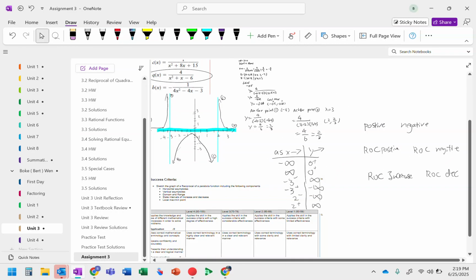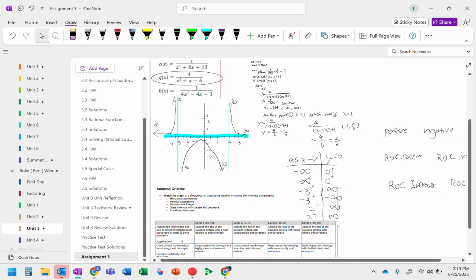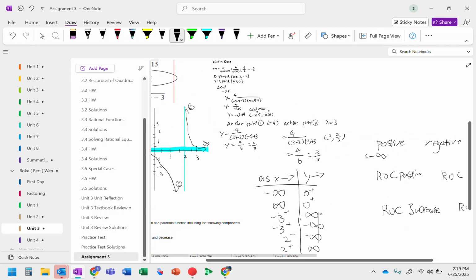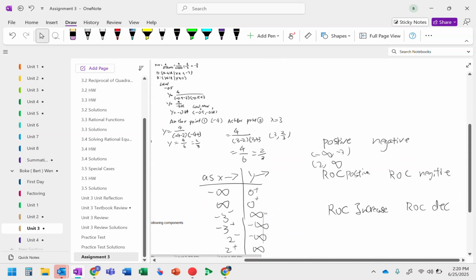So if we look at the chart here, for the first one, it's just whatever is over the x. As you can see, negative infinity to -3 is over the x, and also the other part 2 to infinity, and the negative would just be from -3 to 2.